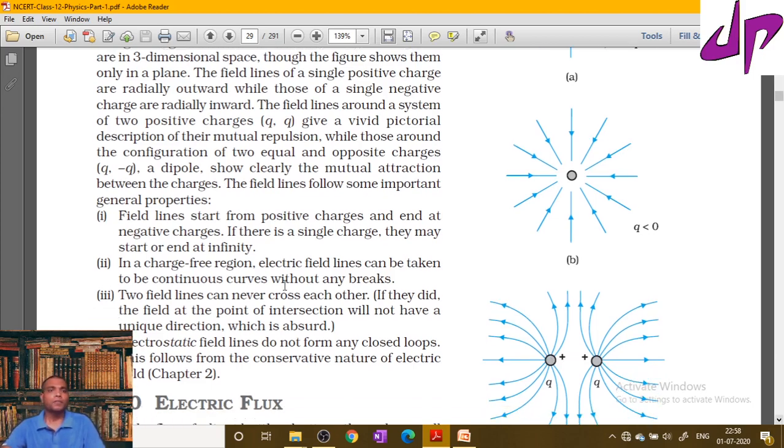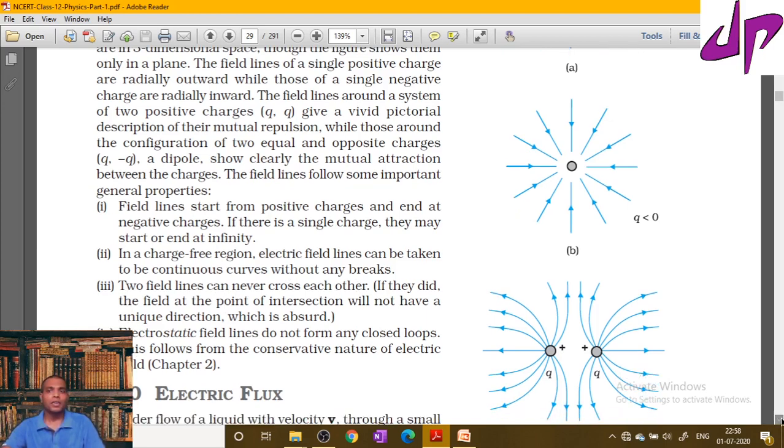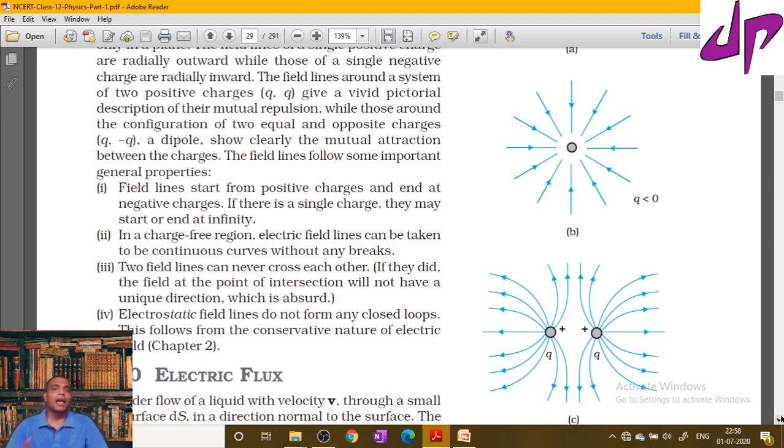And the third point: two field lines can never cross each other. This is a very important point. Electric field lines never cross each other. What happens if they cross each other? It means there is a point of intersection. The problem is that the electric field is a vector.